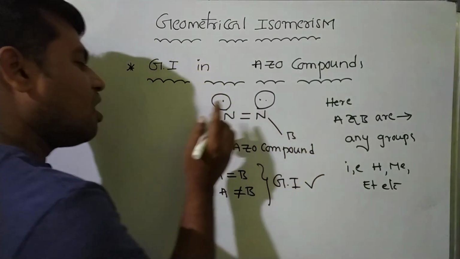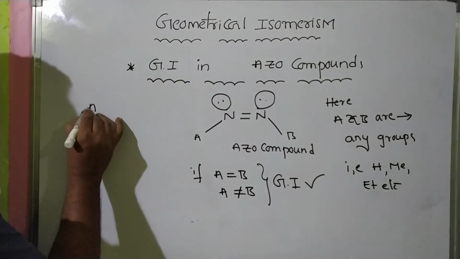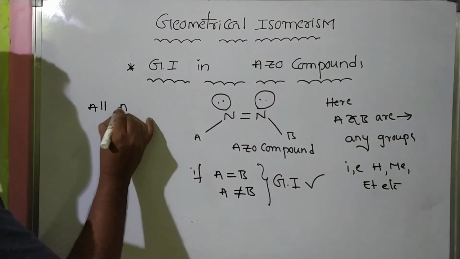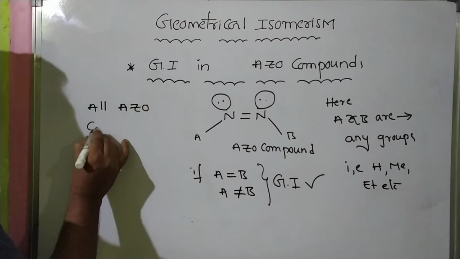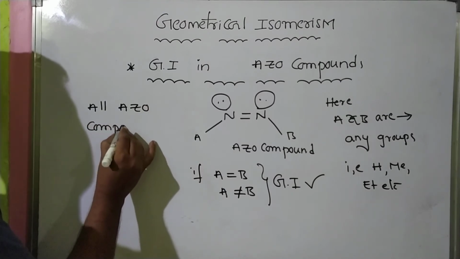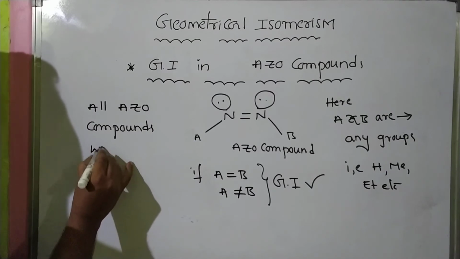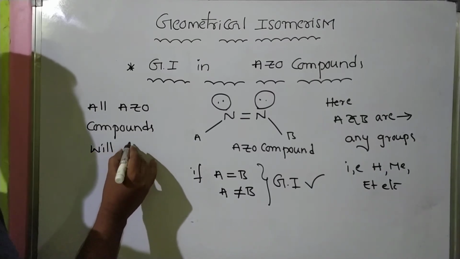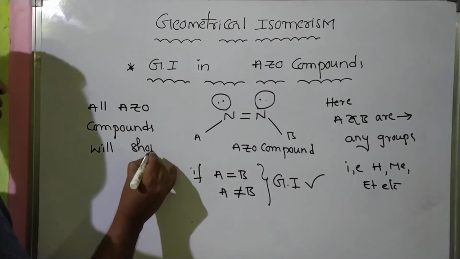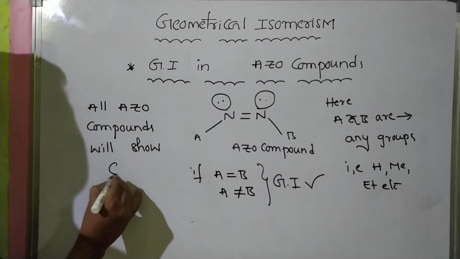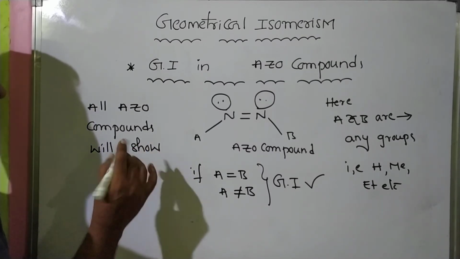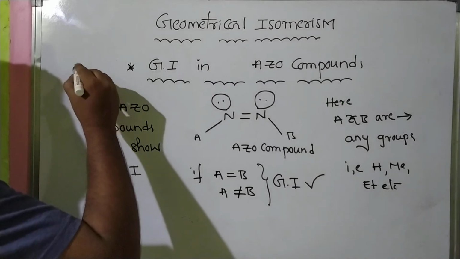That means all azo compounds will show geometrical isomerism.